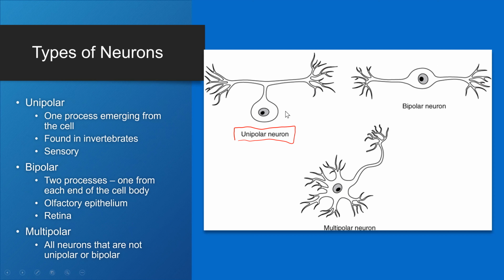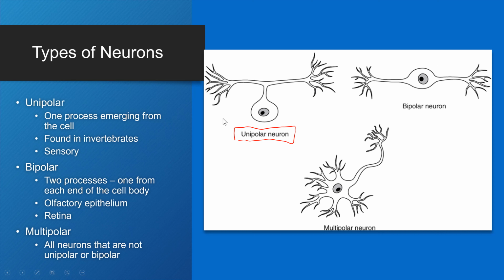We do have these pseudo-unipolar neurons. I mean, sensory neurons are unipolar, so let's call them unipolar. I don't know why we wouldn't be able to call them unipolar. There should be a reason for that. We will do research about that reason. So anyway, we have unipolar.